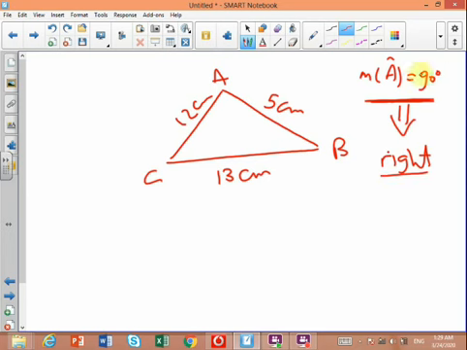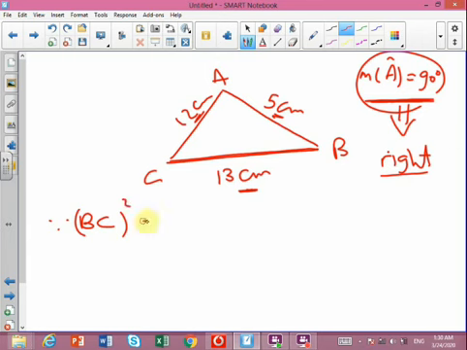To prove that there is an angle which is 90 degrees in the triangle, I must have the three sides. The three sides here must be given. Okay? I will take the longest side square. Since BC square, the longest one, alone equals 13 square, 13 square is 169. This is number one.